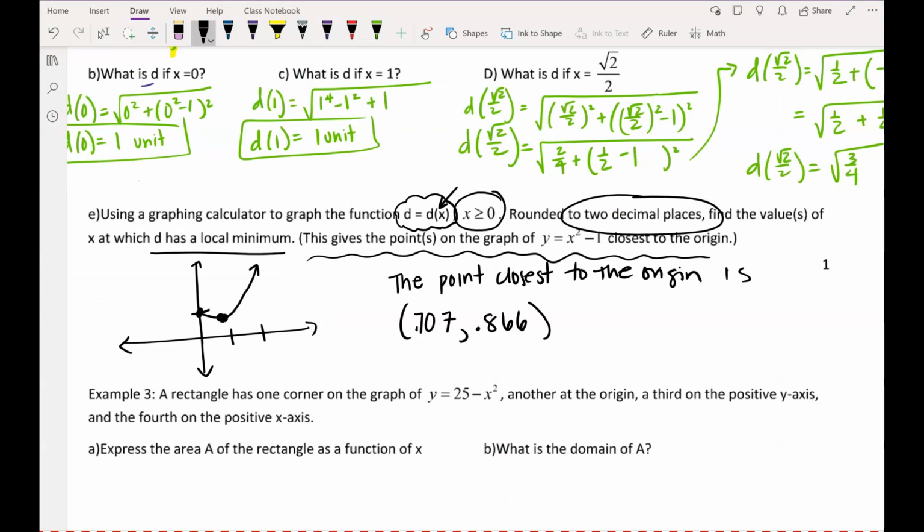But it says rounded to 2 decimal places, so let's cross that out and write 0.71, 0.87 and box that up.